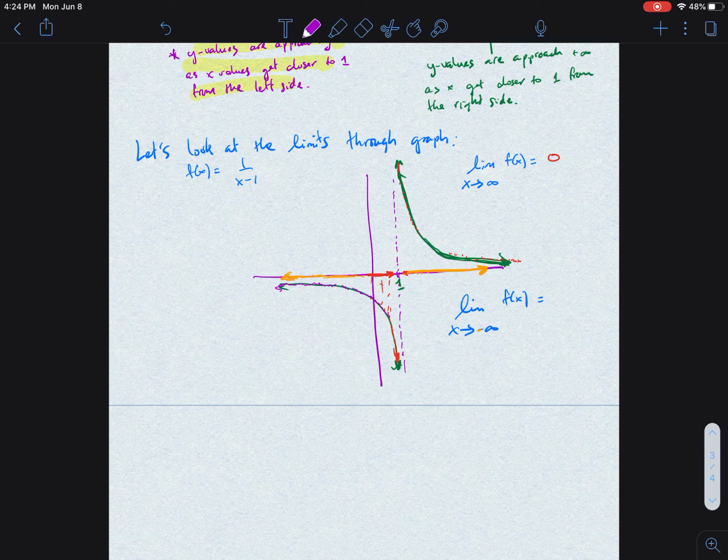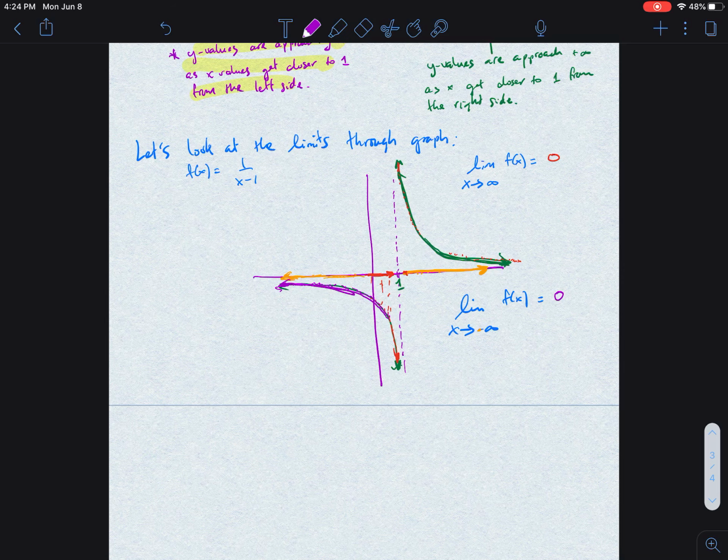Okay, so there are two things we're observing. We're observing the horizontal axis, letting x be certain numbers or approach a certain number. And then our limit is going to be whatever the y value is doing, whatever the graph is doing, relative to that particular x that is approaching. So in this case, it's going to be 0 as well, right? The y value here will approach 0, because it's getting closer.